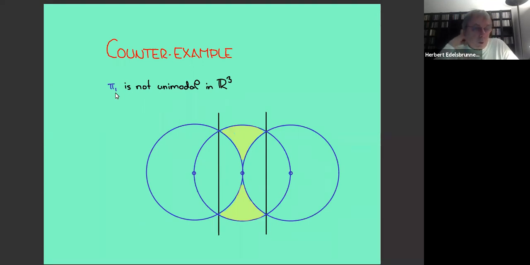It's unimodal in 2 dimensions. That's why the Balázs proof worked out well, but not in 3 dimensions. And here is my example. If I have spheres along a line equally spaced, and then maybe higher up there's again spheres, but right now I'm just interested in those, and the other spheres are further away. I can make this part of a lattice.